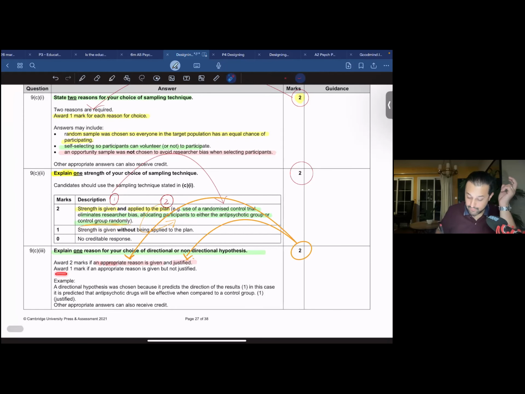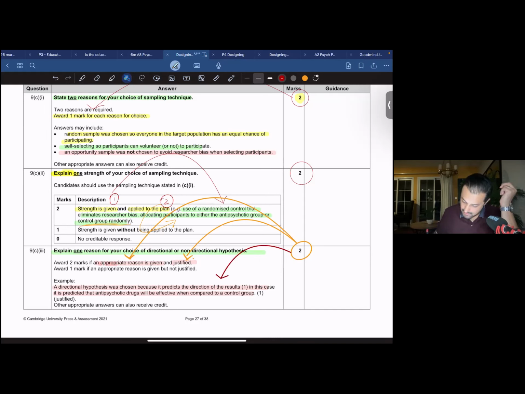However, award 1 mark if an appropriate reason is given and not justified. What does the examiner mean when he or she uses the word justify here? A directional hypothesis was chosen because it predicts the direction of the results. In this case, it is predicted that antipsychotics will be effective when compared to control group. Look at how the examiner has given marks here.